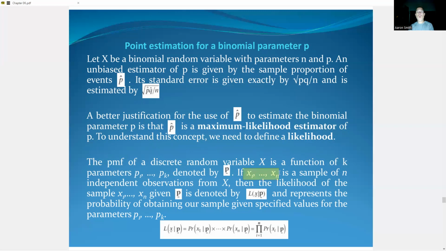If x1, x2, all the way up to xn is a sample of n independent observations from x, then the likelihood of the sample x1, x2, x3 up to xn, given by the probability mass function and denoted by L of x given p, represents the probability of obtaining our sample given specific values of the parameter.